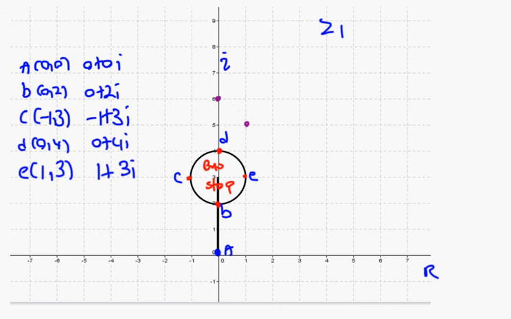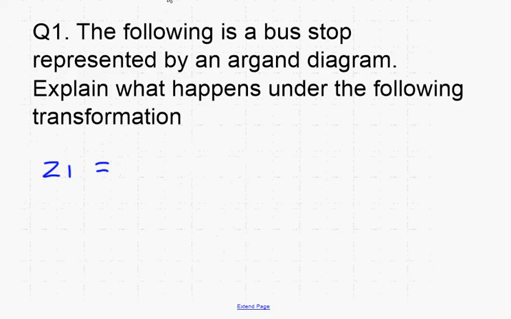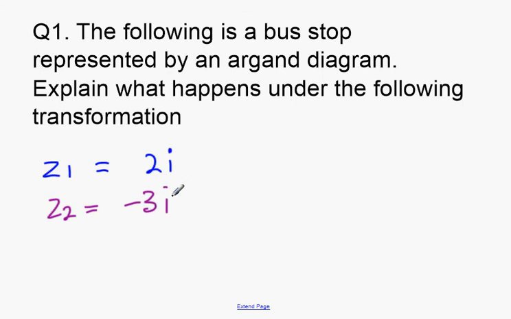Now, the other thing we can do is this. Z1 was plus 2i, and we said that moves it 2 up. What would happen if I said Z2 was minus 3i? It'd move everything 3 down.